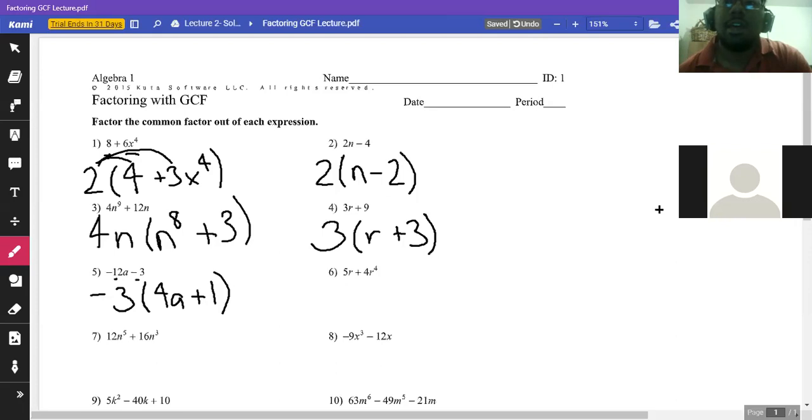Notice that between 5r and 4r to the 4th, 5 and 4 don't have any common factors that we can pull out, but we can pull out an r. And so on the inside, I'm left with 5 plus 4r to the 3rd.